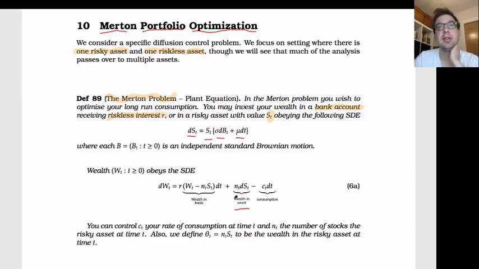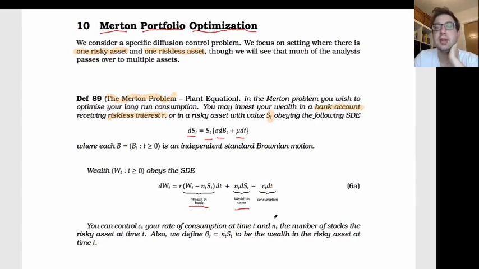Everything else that's left, our wealth minus the money that we have invested in the risky asset, is going to go into our riskless bank account and receive an interest R. So that's our money in the bank, the change that it makes due to interest.